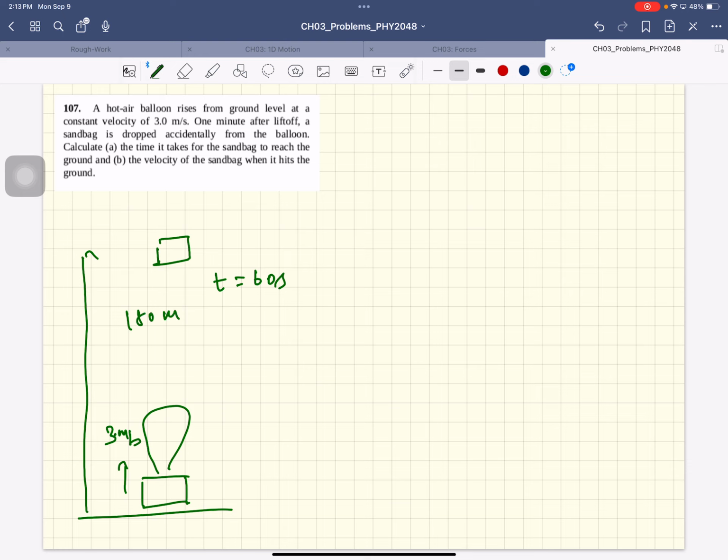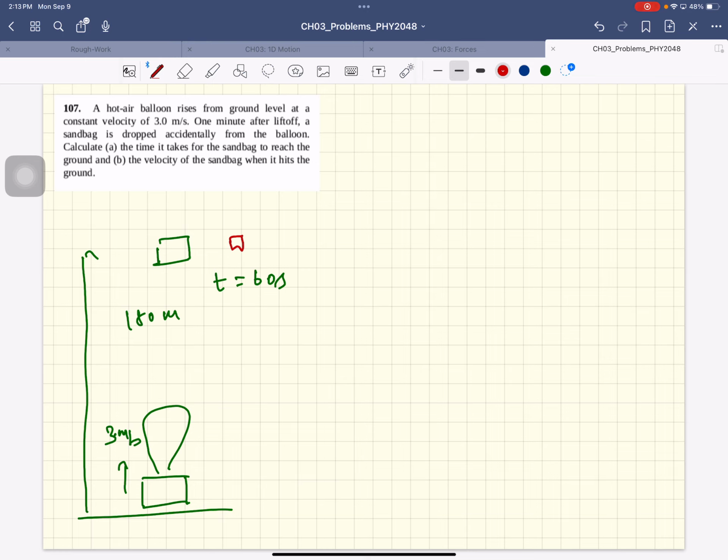Okay, and now a sandbag is dropped accidentally from the balloon. So what is the velocity of the sandbag, the one that's dropped? 0.